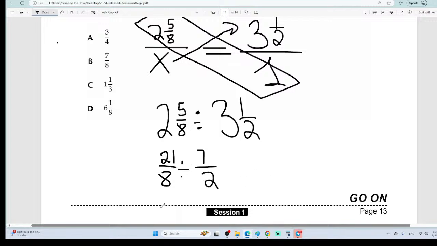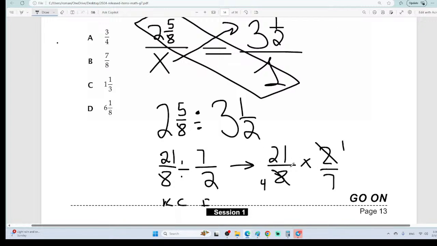Now we're going to do keep, change, flip. It's going to be 21/8 times 2/7. Here we can use a butterfly method where we can reduce 2 and 8. We can divide by 2. 2 will become 1, 8 will become 4.